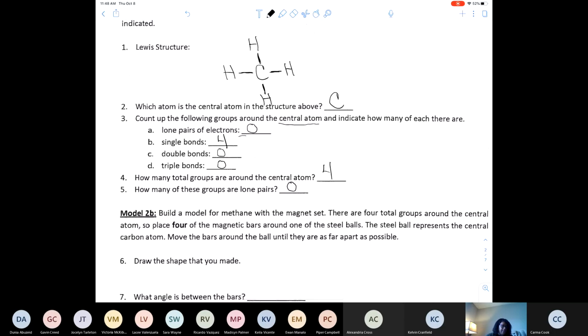So these 3 types of groups, the single bonds, double bonds, and triple bonds, are called bonding electron groups. Lone pairs of electrons are called non-bonding.